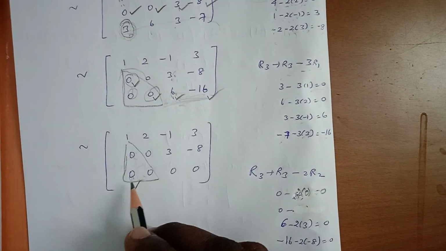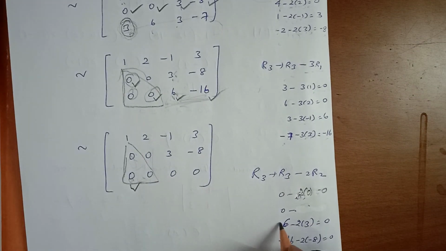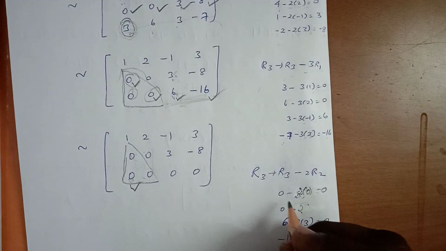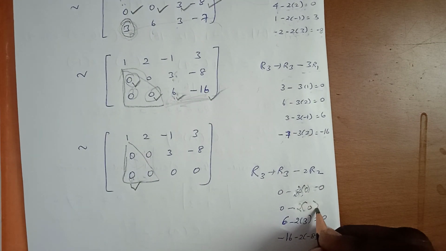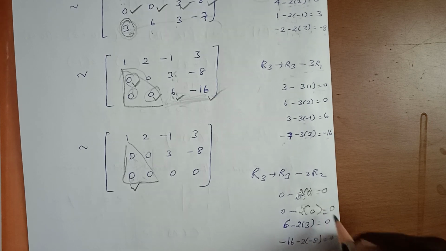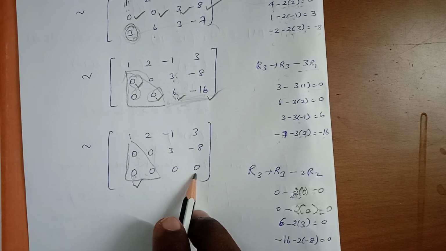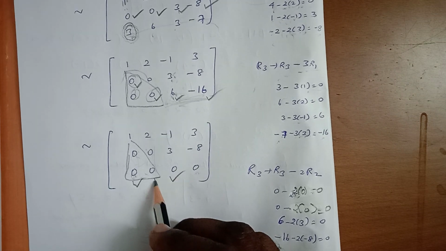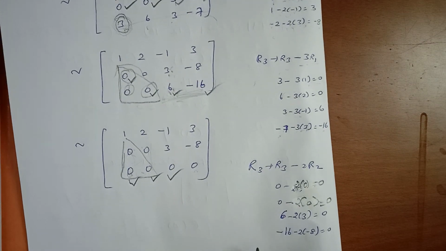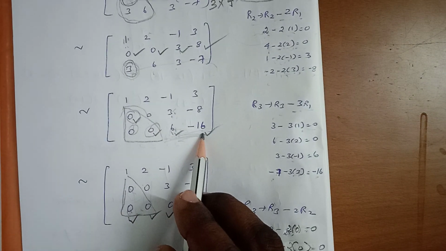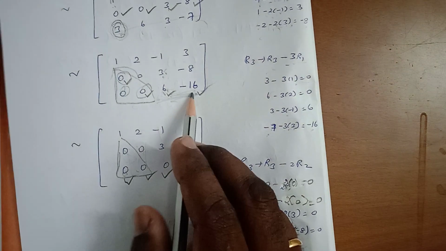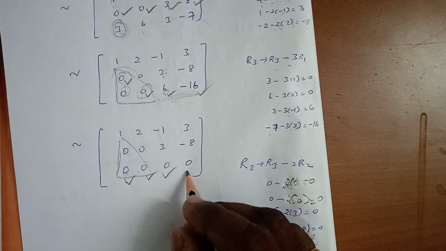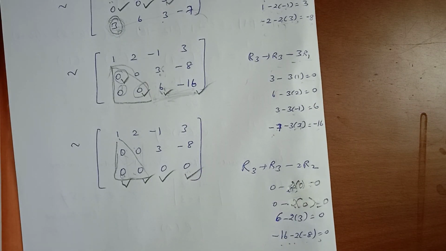Again, by the formula R3 tends to R3 minus 2R2, and the R2 value is 0, this value becomes 0. And the last value: R3 is this one, which becomes 0, this is also 0. The last one in R3 is minus 16. So minus 16 minus 2 into minus 8 becomes 0. So all the terms in that row become 0.